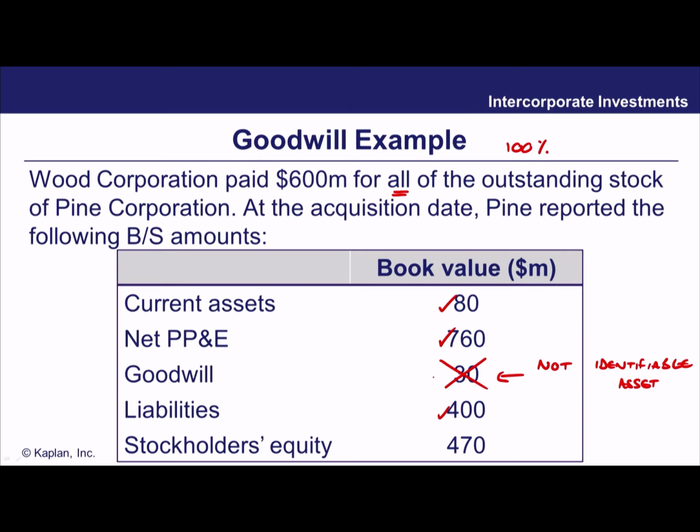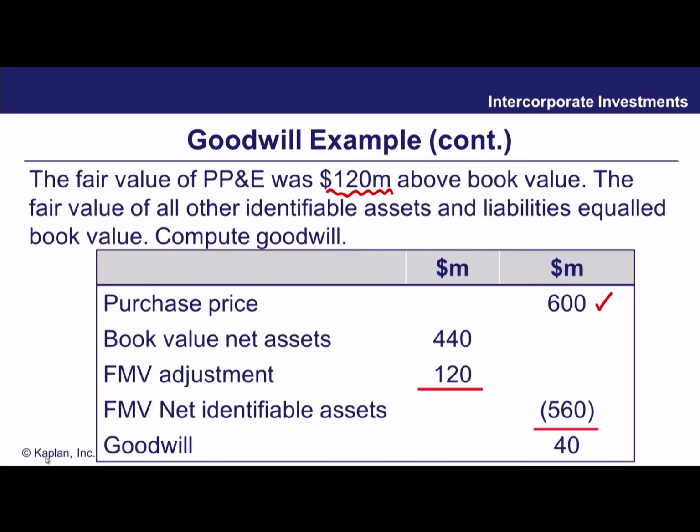So we've got 80 plus 760 minus 400. Okay, so we've got 440. Now notice, of course, if we did include the goodwill, the figure would have been 470, the same as stockholders' equity, but we don't include that goodwill. So there you go. Note, using the 440 figure, not 470, because of the exclusion of that goodwill. Now, of course, when we look at the net assets that we've acquired, we look at the fair market value of net assets.